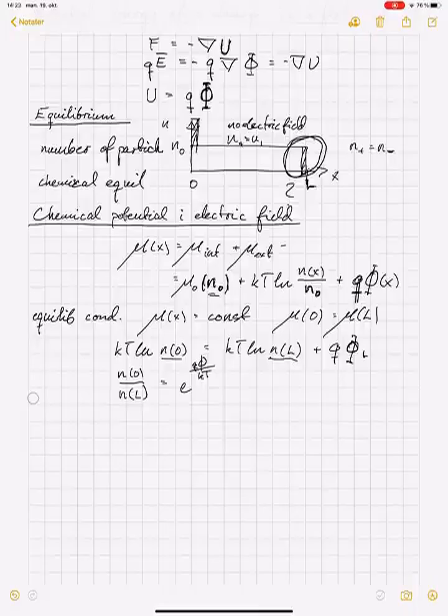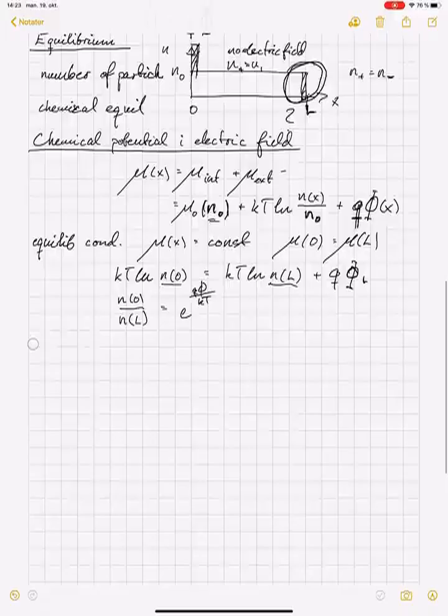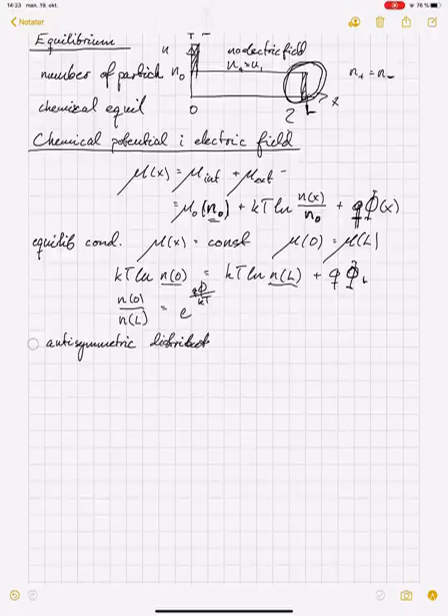So as we said, we already guessed that this is an anti-symmetric distribution. So we're guessing that in the middle, for example here it's L half, we expect it to be the average concentration.